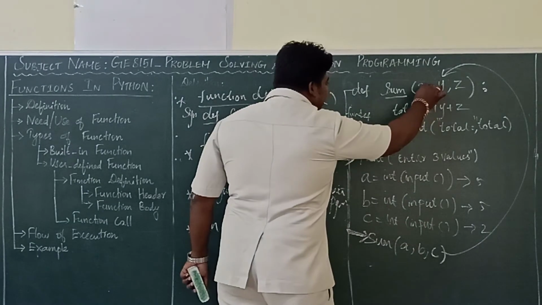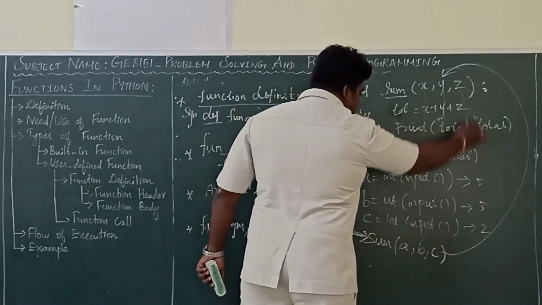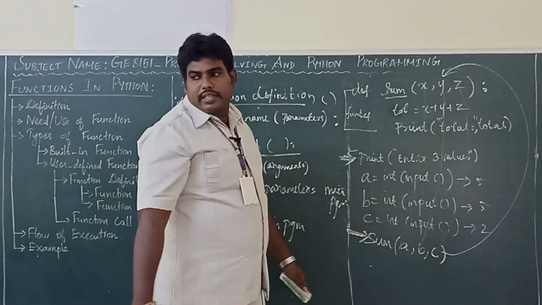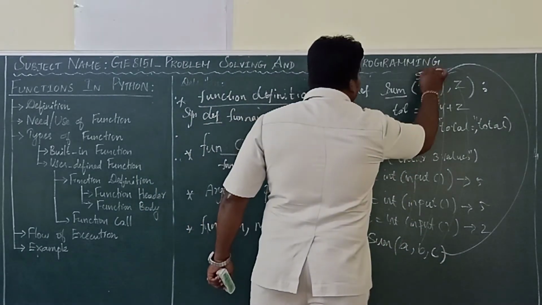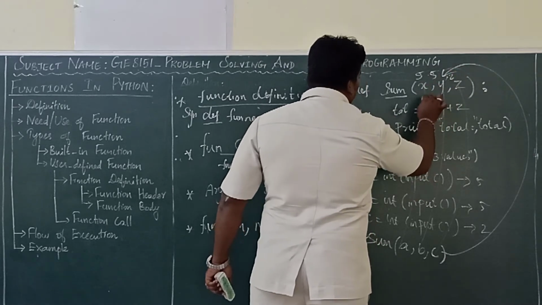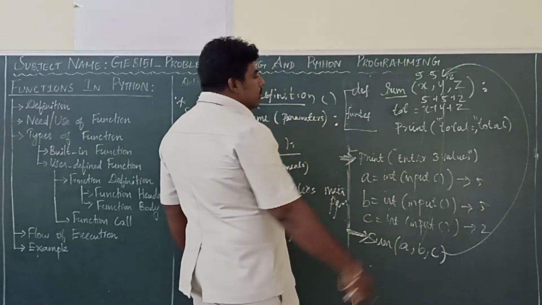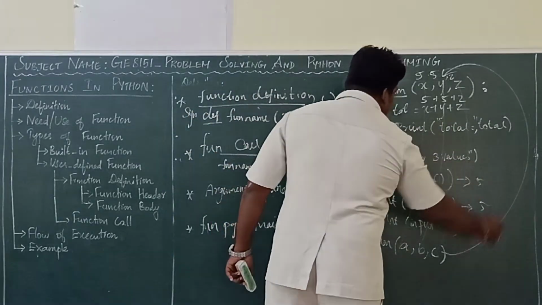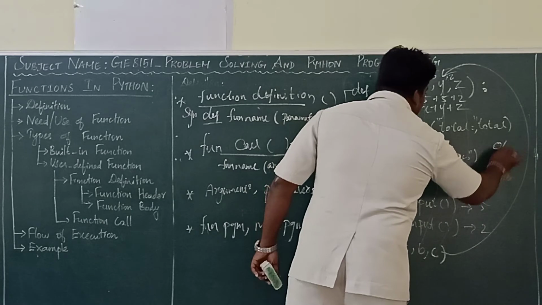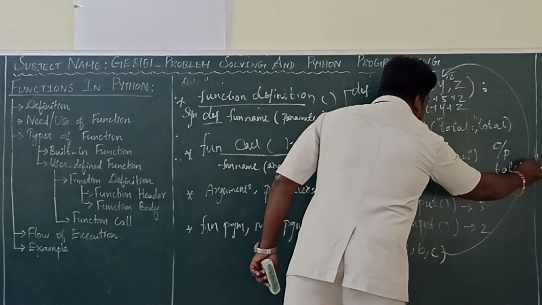Here the A value is mapped to x, the B value is mapped to y and the C value is mapped to z. So 5 plus 5 plus 2. What's the answer? 12. So print total. What's your output? Your output is total equal to 12.